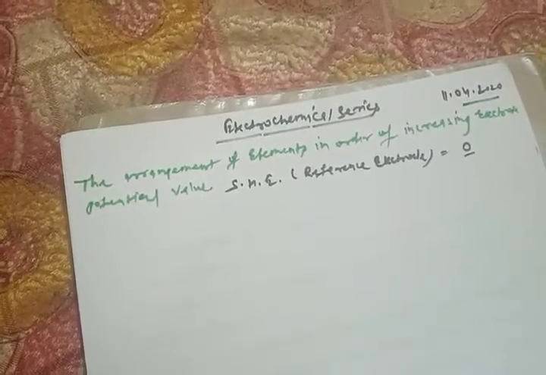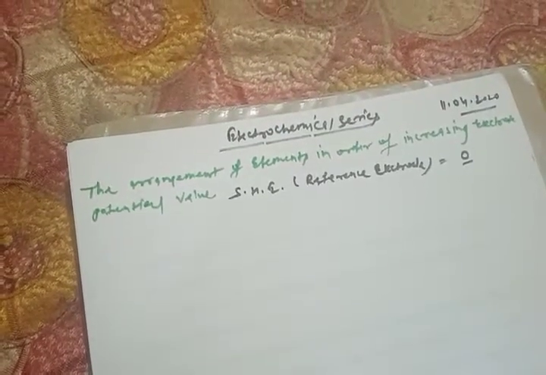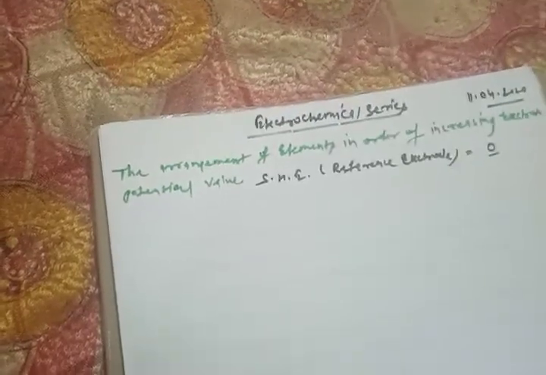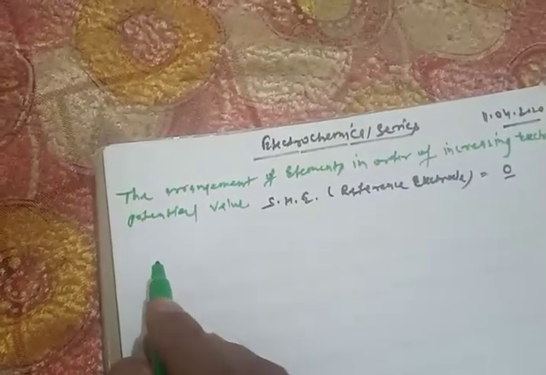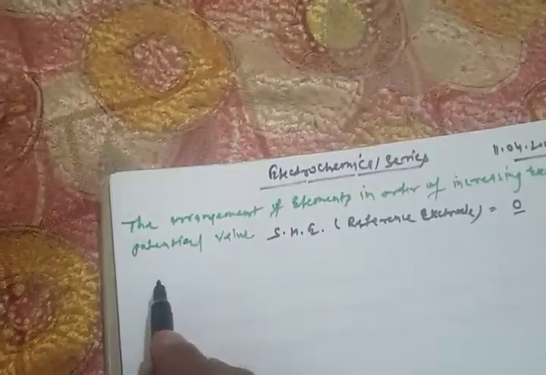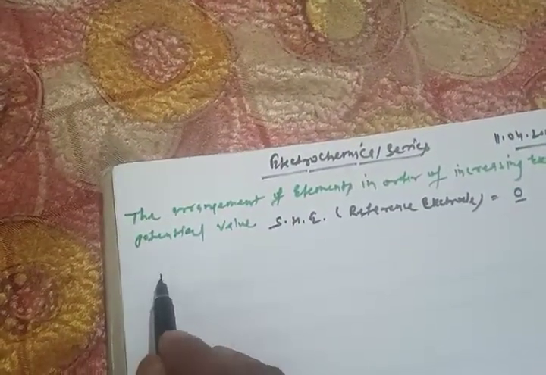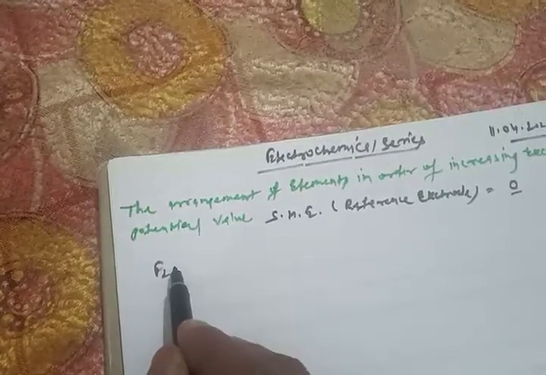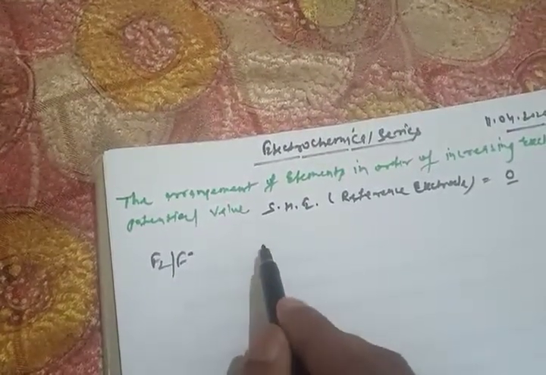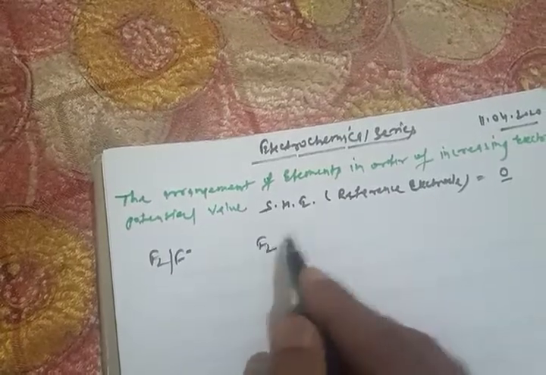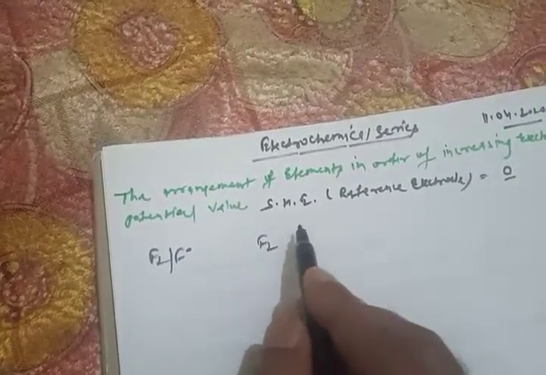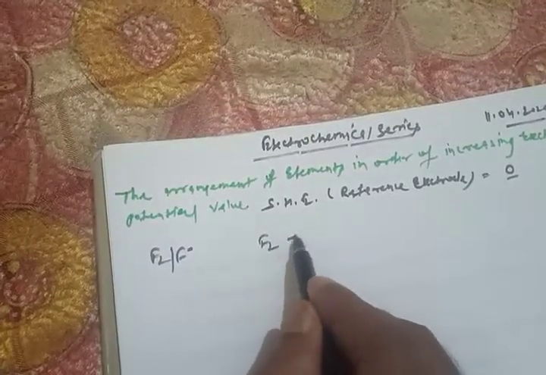So what is this order? I will write a few of them. Although the series is very long, I will write just a few so you can get an idea of how this order is written. Starting with the very first, F2 to F negative. Here F2 is a gas.